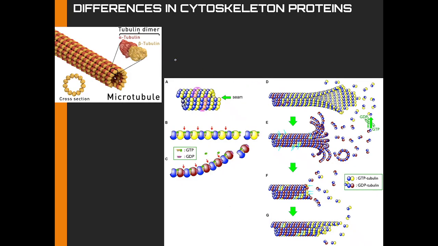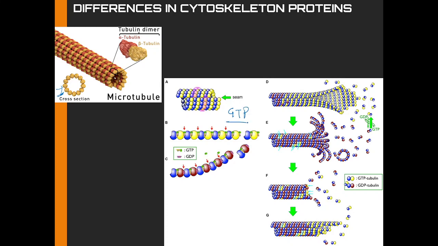The same way is your tubulin. They are like cylinders or tubular in nature, and in cross section it looks like this, and they are made up of alpha tubulin and beta tubulin proteins. It also polymerizes and depolymerizes, or assembles and disassembles. They are flexible, and the assembly process is energy dependent.